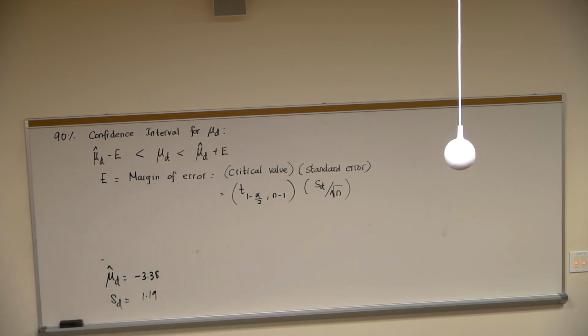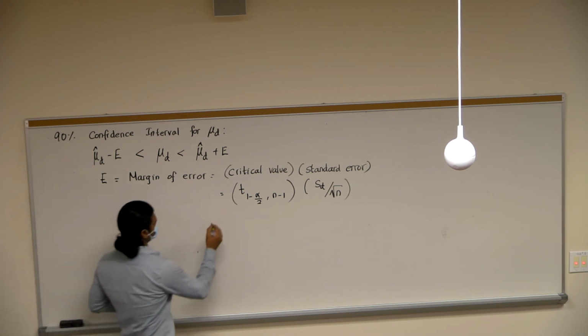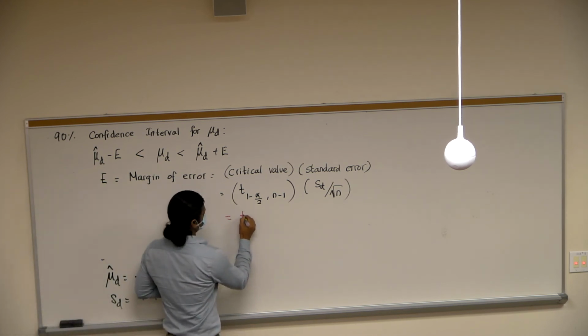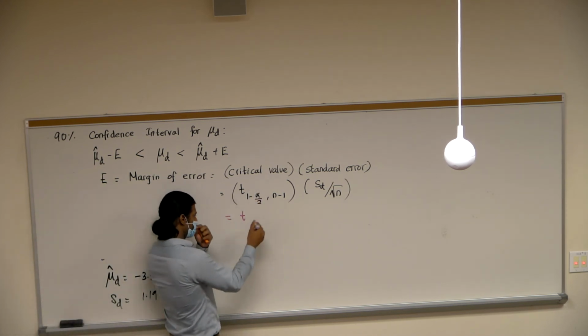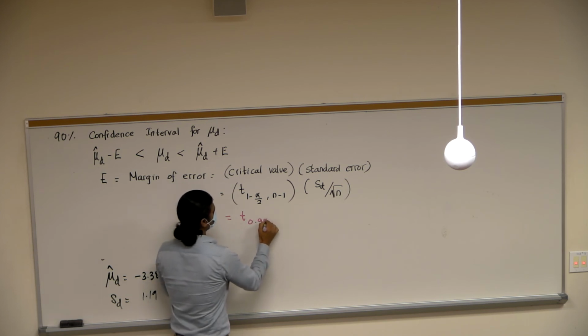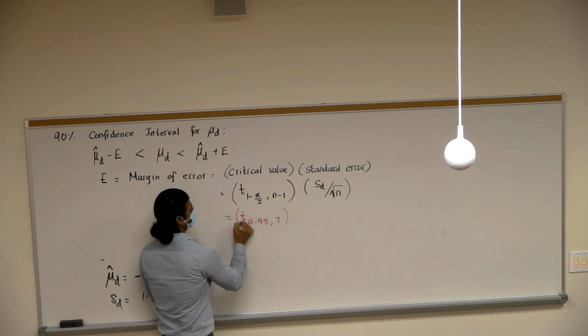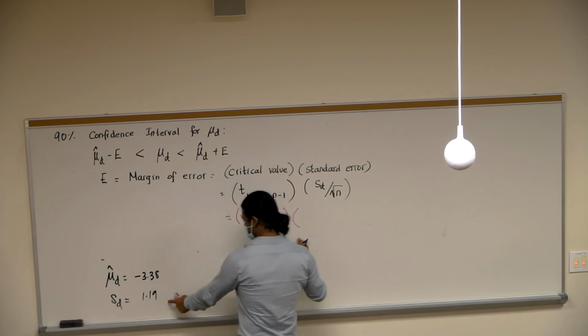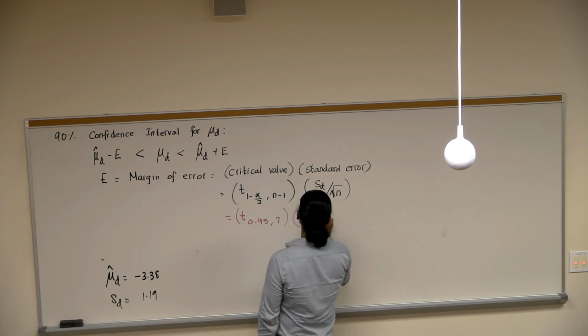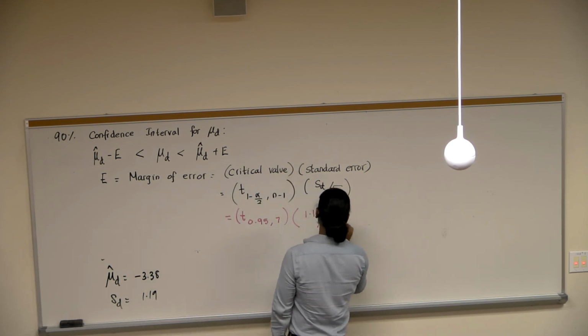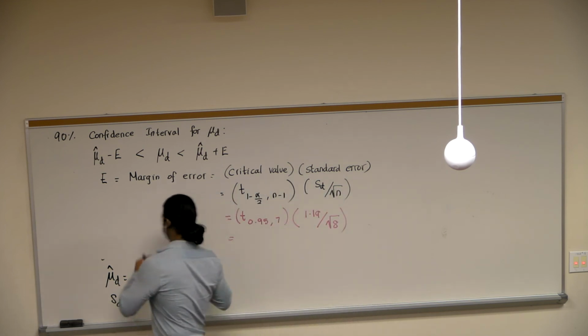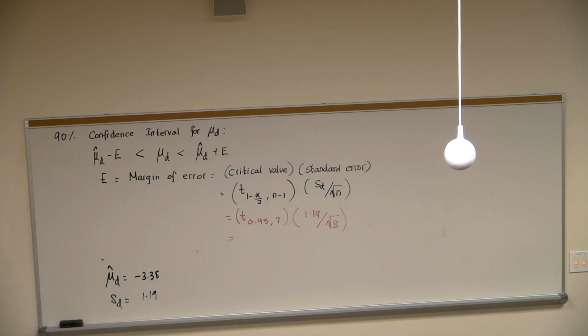We already have the critical value because alpha is the same, 0.1. So 1 minus 0.1 over 2 is 0.95, comma 7. Multiplied by SD, 1.19, divided by square root of 8. So the critical value from earlier is 1.895.